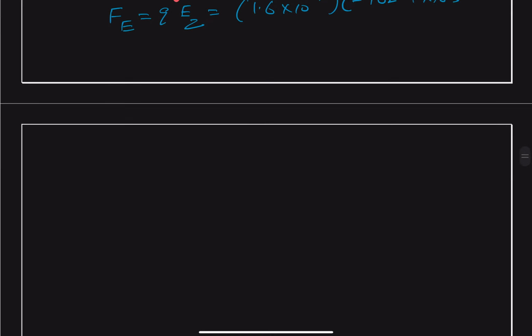So our electric force will be 1.6384 into 10 to the power minus 14 Newton. And this force will be in the downward direction because of the negative sign.